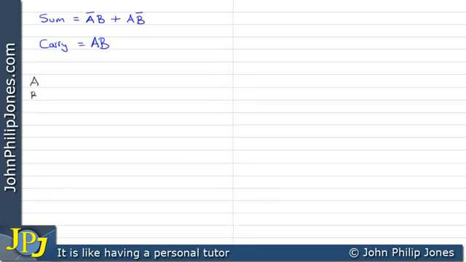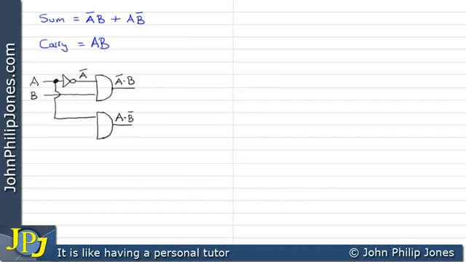We take A and B and we put the A through a NOT gate to give us not A, and then we produce an AND gate to give us at the output not A and B. We need another AND gate to give us A and not B, which involves taking a tap off the B, but sending that through a NOT gate to give us not B. Then we take these outputs and put them to the input of an OR gate, and that gives us not A and B, or A and not B.